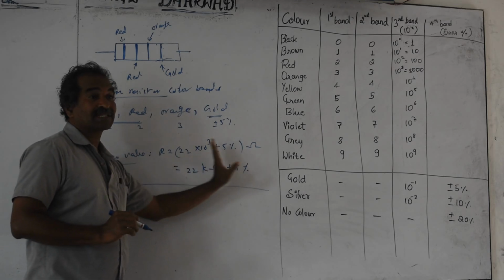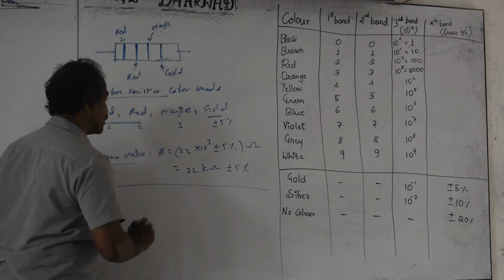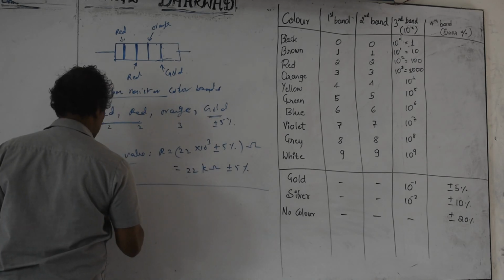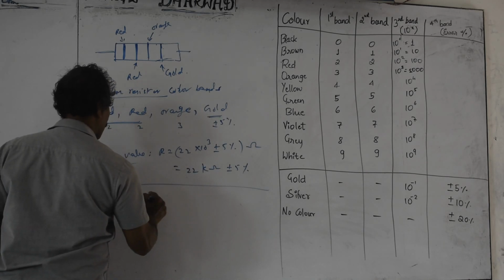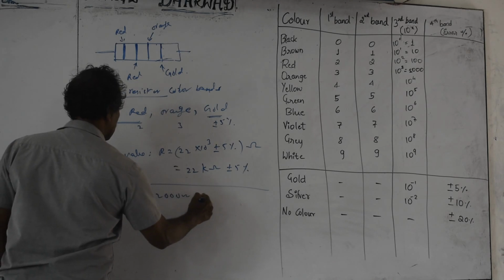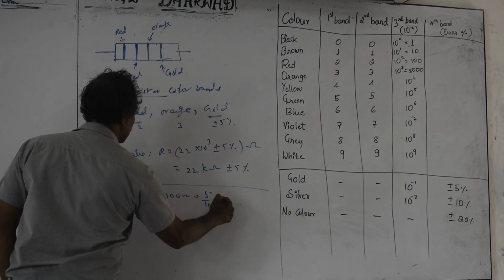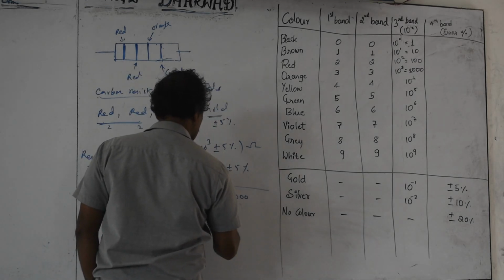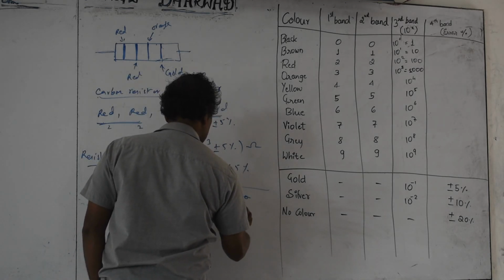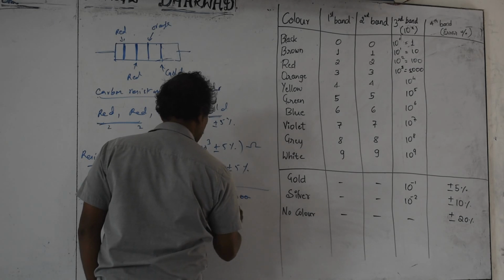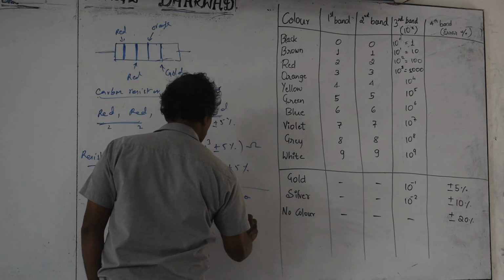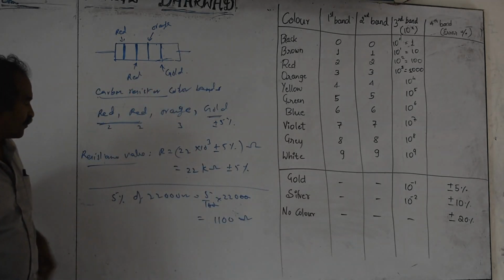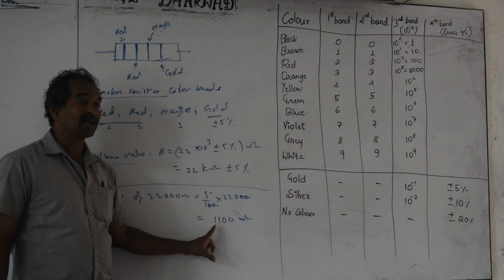So what is 5% of 22 kilo ohms? 5% of 22,000 ohms is 5 by 100 into 22,000 ohms. Two zeros cancel, and the result is 1100 ohms. That means there is a possibility of an error of 1100 ohms, which is 1.1 kilo ohms.